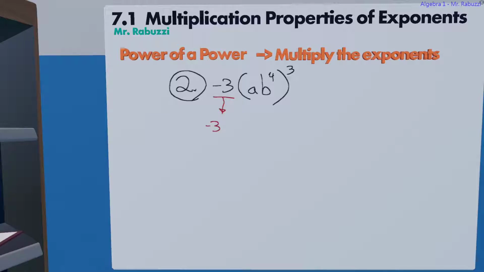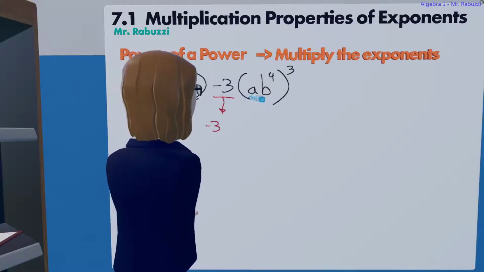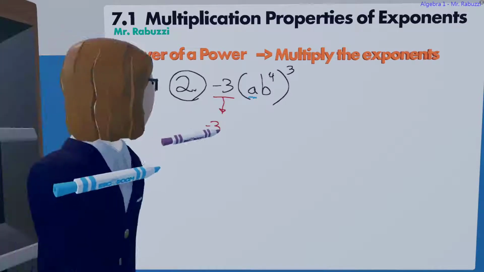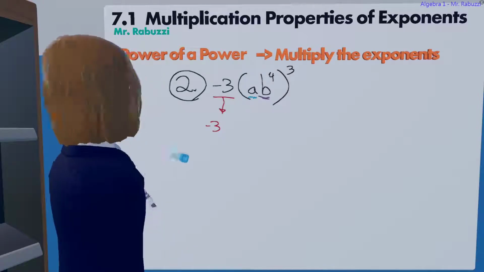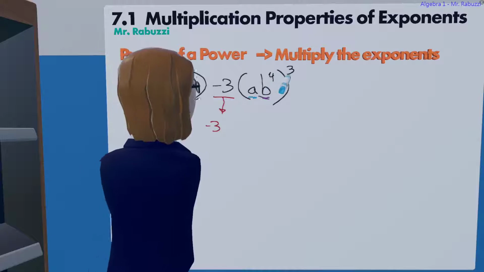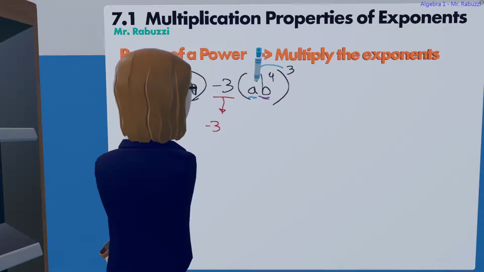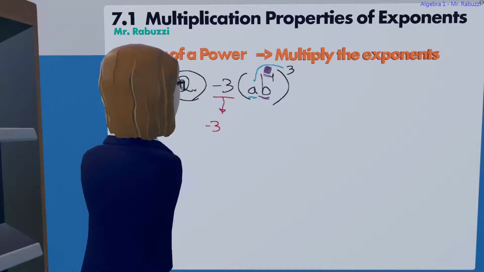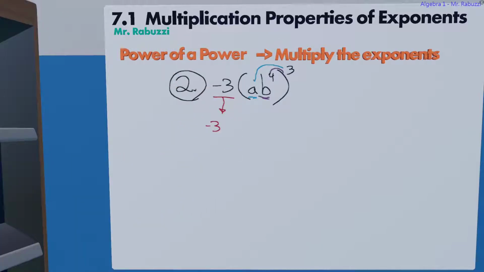Now we need to move into the parentheses. We have a base, and we have a different base, and we have our power of a power. So it's a power 3, needs to distribute to the A and distribute to the B. Okay, let's look at the A first.